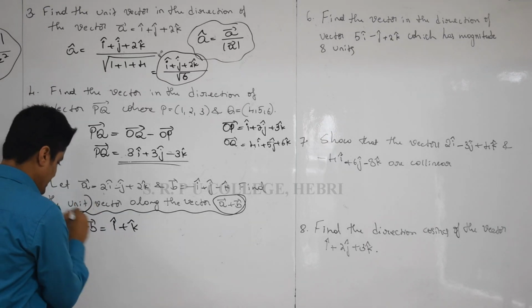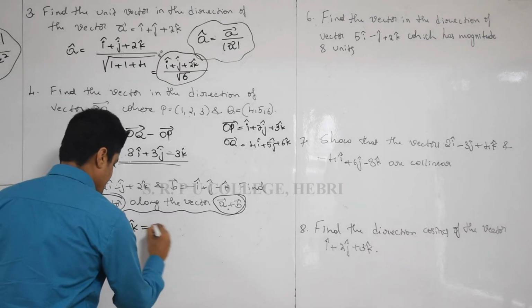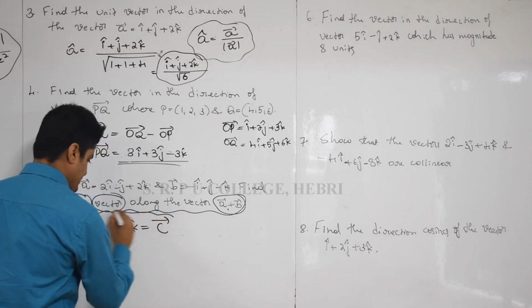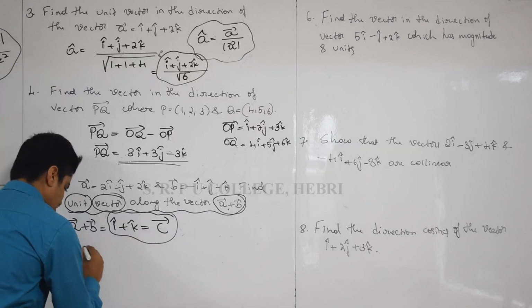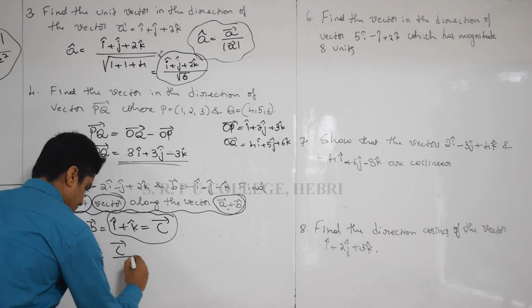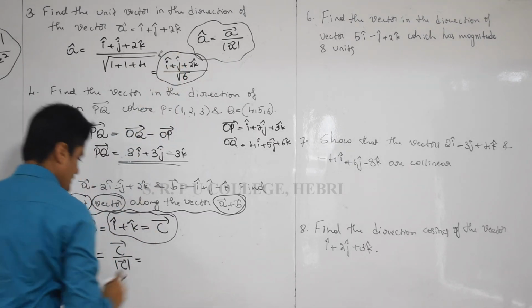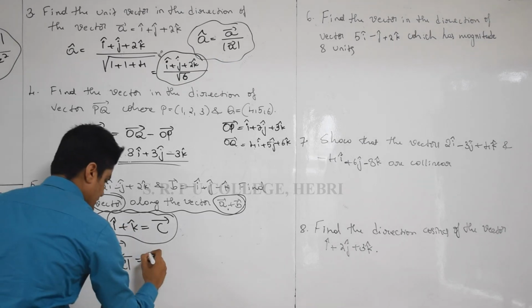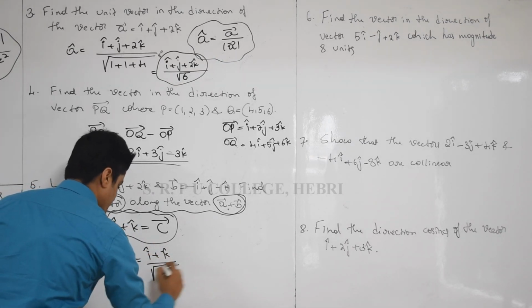What is asked? Unit vector along this direction. If I consider this as a vector c, then the unit vector along the vector c is denoted by c cap, and c cap is nothing but vector c by its magnitude. You remember, right? We already solved one problem like this. So c is i plus k divided by its magnitude, root of 1 plus 1.